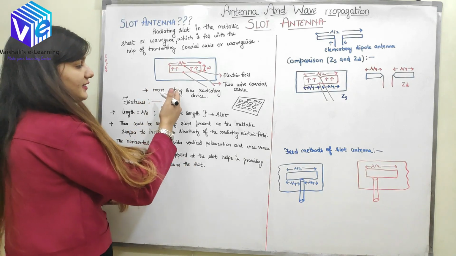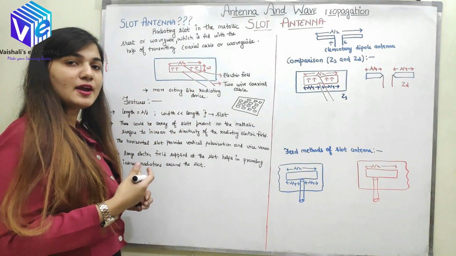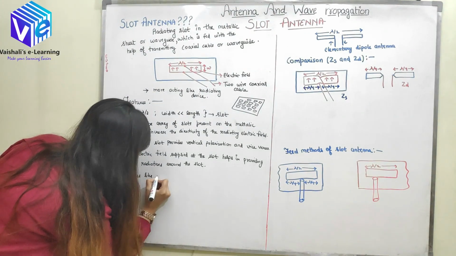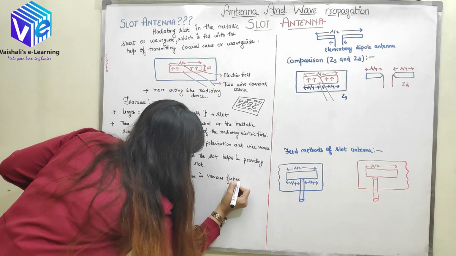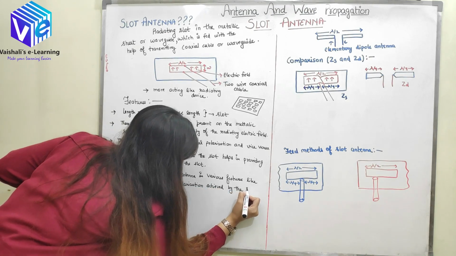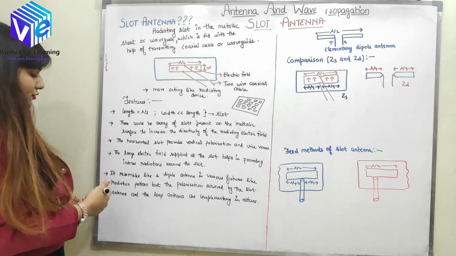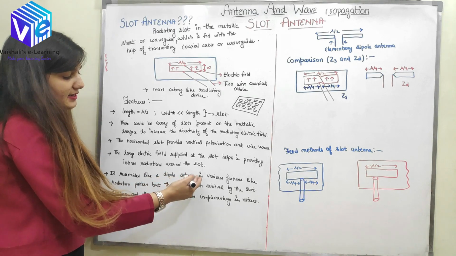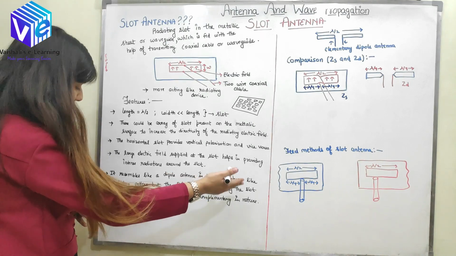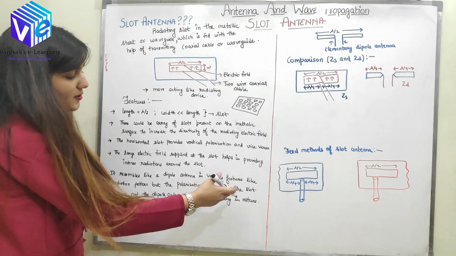As I said, it is acting more like a radiating device, and the metal plate around the slot is helping to provide more radiations. So the last feature is that it resembles a dipole antenna in various features like radiation pattern, but the polarization achieved by the slot antenna and the dipole antenna are complementary in nature.